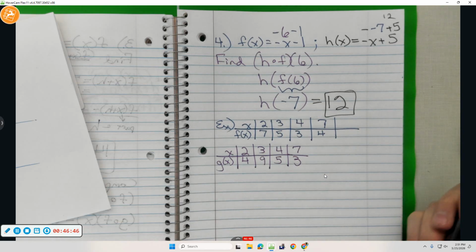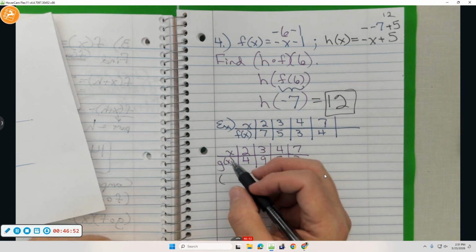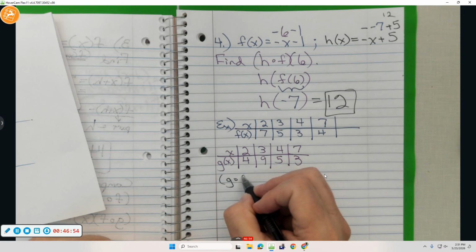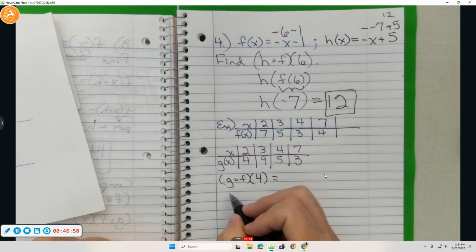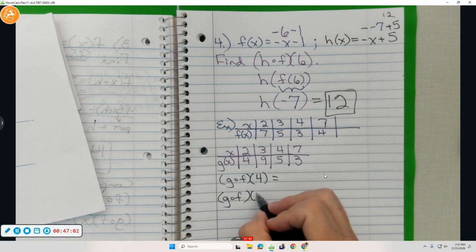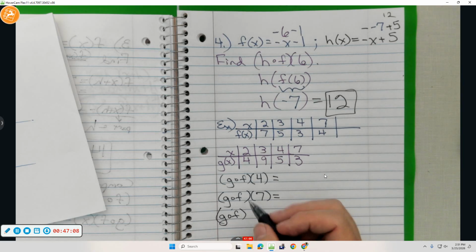Here are the 3 compositions I'm looking for. I want to find g composed with f at 4, g composed with f at 7, and g composed with f at 2.